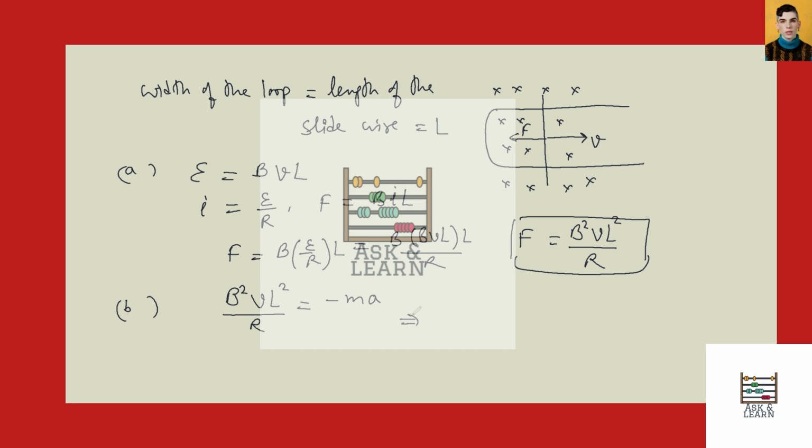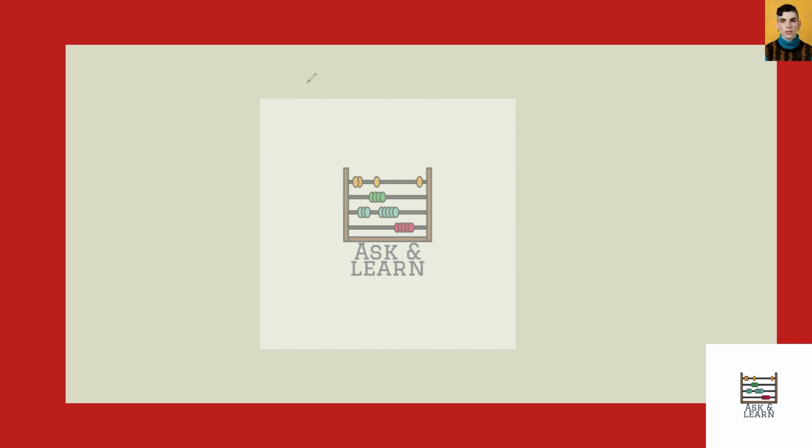So the expression for this acceleration will come out to be minus B square V L square divided by M times R. And we know acceleration may be given as the derivative of speed v with respect to time, so it can be given as dv by dt. So rearranging the terms here, we get 1 by v dv is equal to negative of B square L square divided by m times R dt.